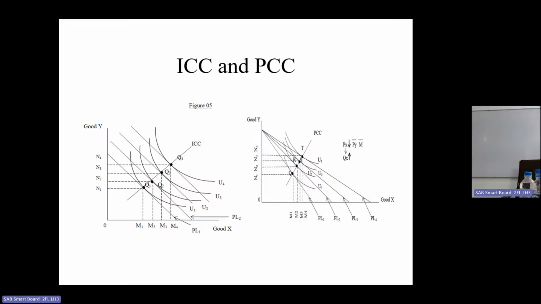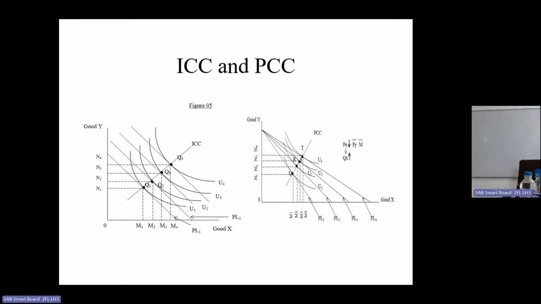So taking all these rotations, we look at the bundles consumed by the consumer. When there is a decline in the price of product X, we identify the equilibrium points, right? The equilibrium point is the tangent point of the indifference curve and the budget line. So why are we moving from here to here?